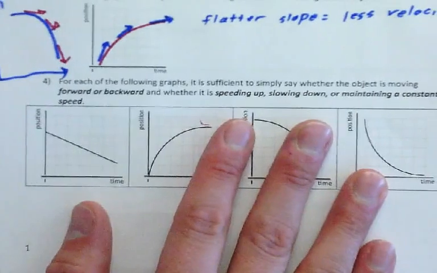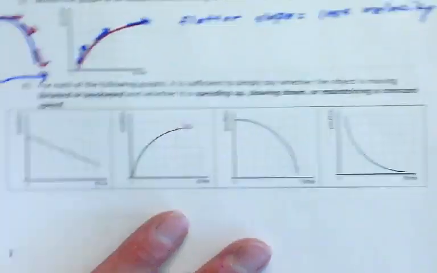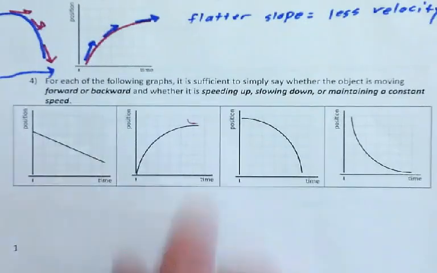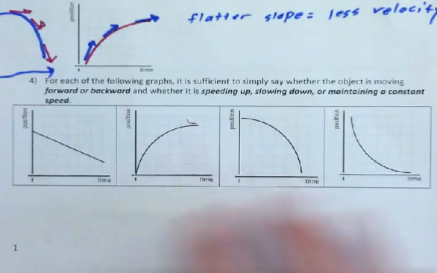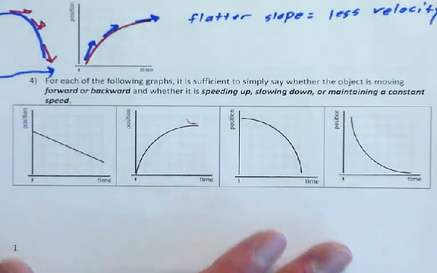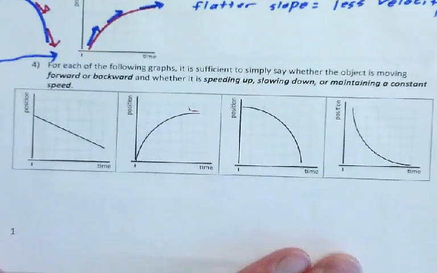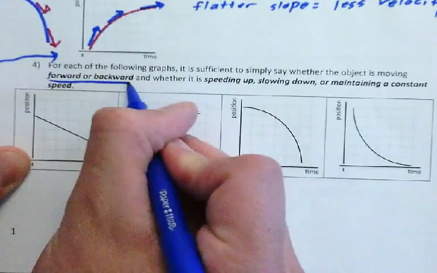Okay, I want you guys to take some time to do number 4. I want you to try number 4 on your own. Now, some of these we've looked at already, right? We looked at this one. We've looked at this one already. So some of these might come kind of quickly and easily to you. But I want you to put these two things together. I want you to tell me, is it going forwards or backwards?